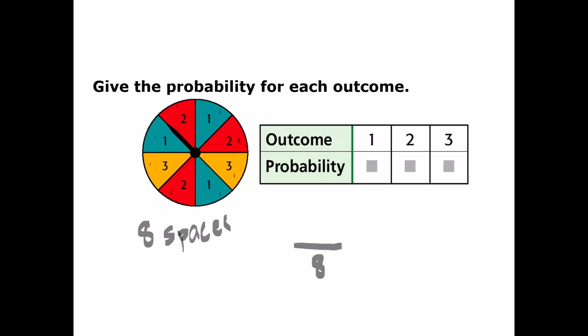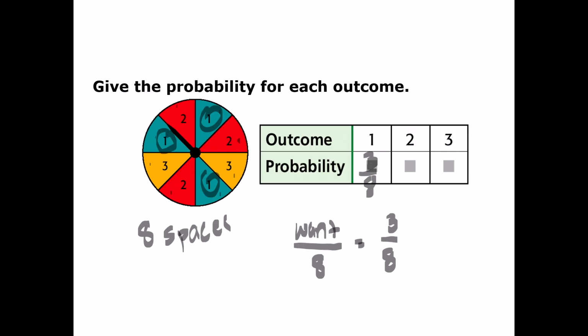When we're setting up a probability, we want to put what we want, the favorable outcome, in the numerator. If we want to get a 1, we can see that there's 1, 2, 3 ways to spin a 1. So we have a 3 out of 8 chance of getting a 1.